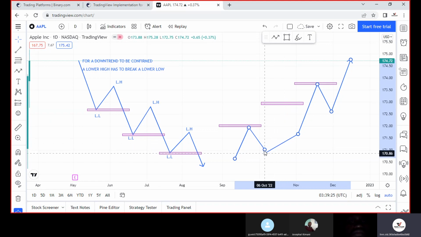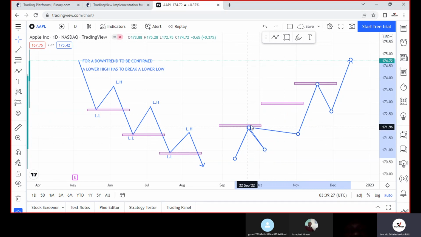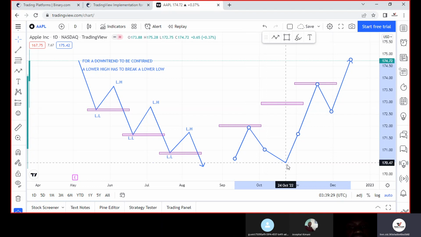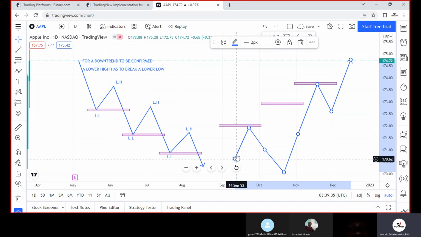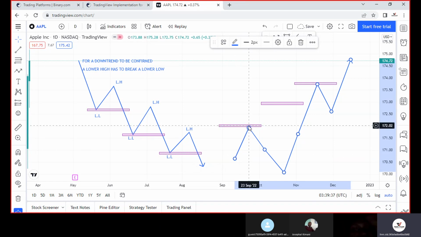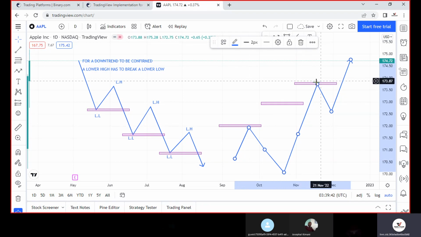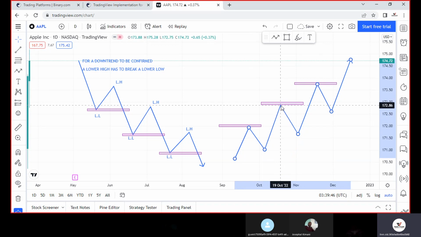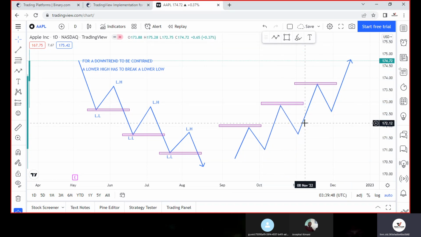If for any reason this high which you see here was not taken, and then the market kept on going downwards, we can only say that this was a retracement. And so until a previous resistance level is broken, we cannot say we are in an uptrend.